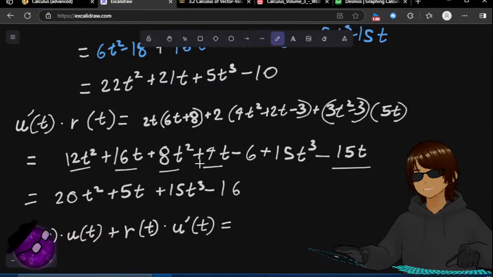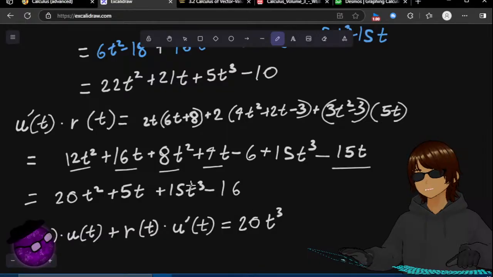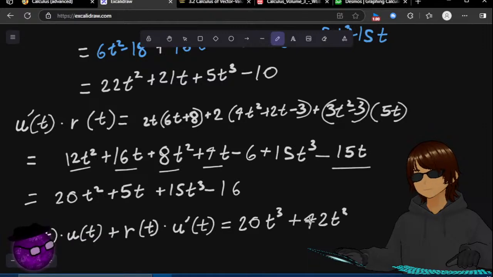And for t cubed, we have 20 t cubed. For t square, we have 42 t square. For just t, we have 26 t.